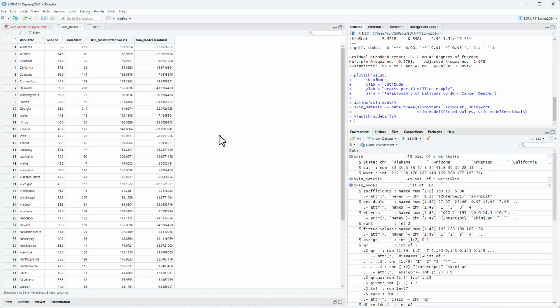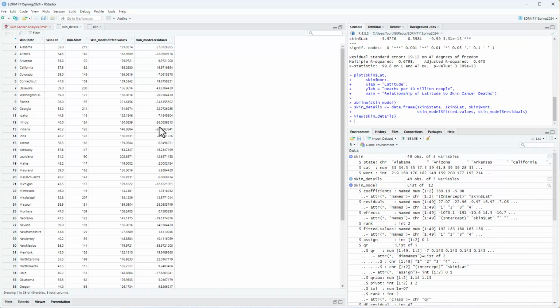By contrast, if I look down here a ways, here's New Mexico. From New Mexico's latitude, I predict 141, but, I'm sorry, I predict 180, but they actually have 141, which is about 39 per 10 million people less than what we predicted. So the size of the residuals really tells us, relatively speaking, how good our model is. We already know we have a good model.